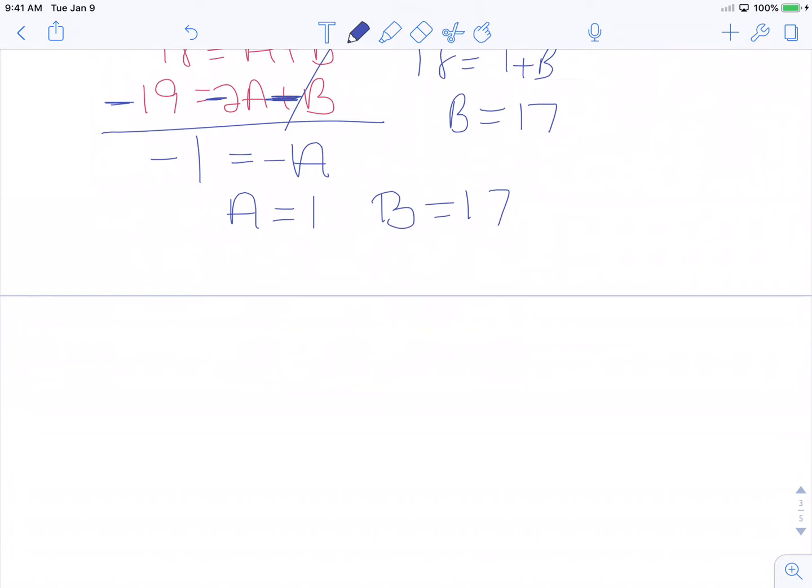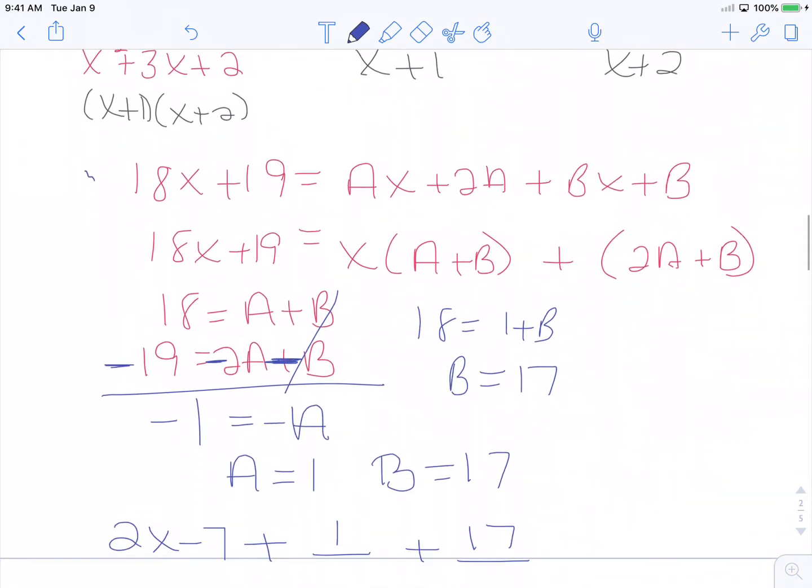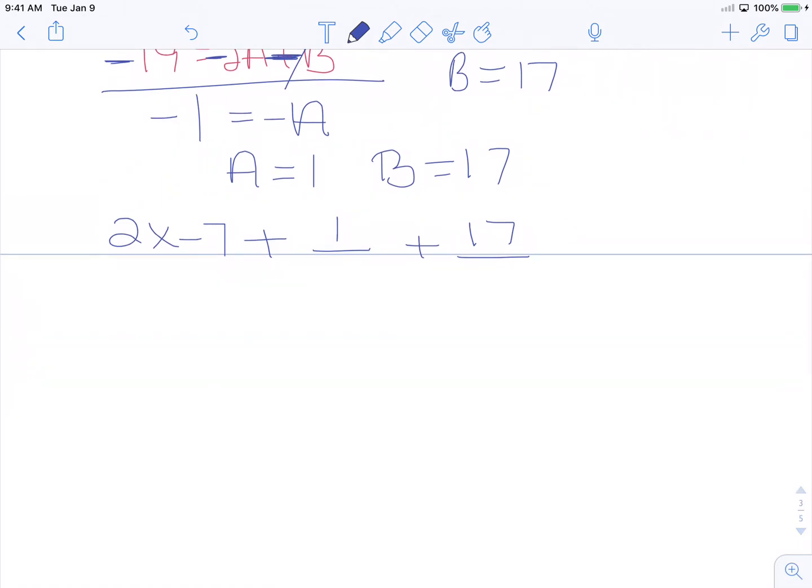So that was the 2x and the minus 7. And then in addition to that, we have the 1 and the 17 that we just found for a and b. And the 1 goes with the x plus 1. And then the 17 goes with the x plus 2.